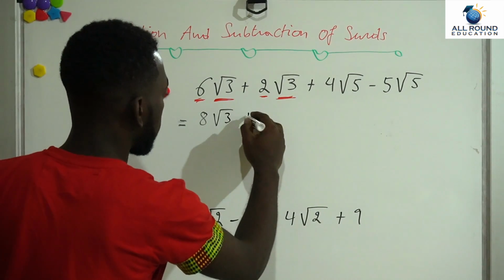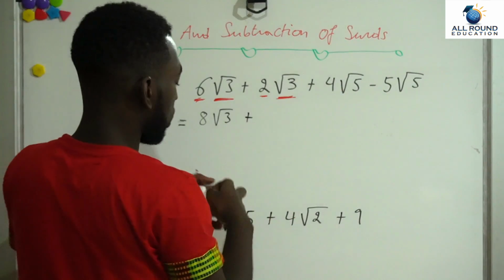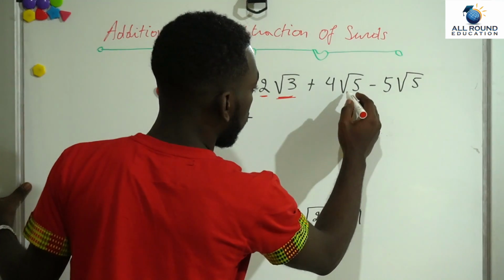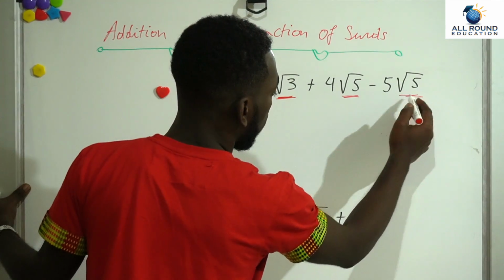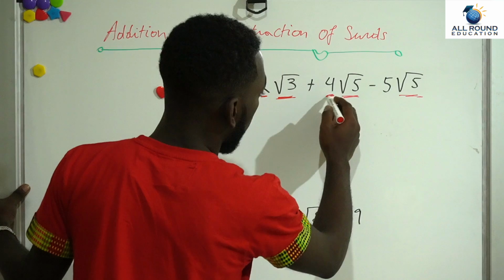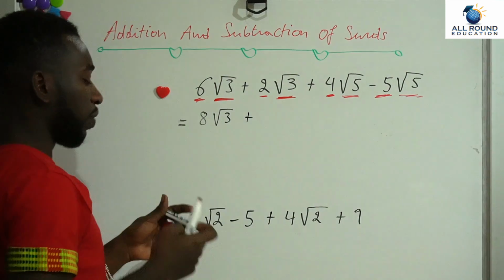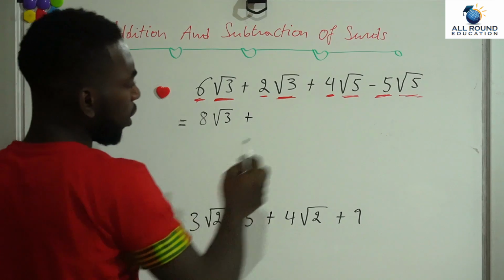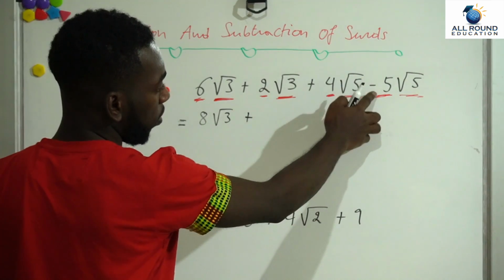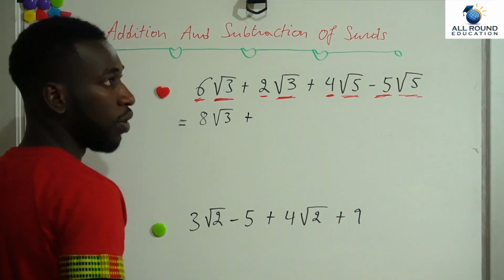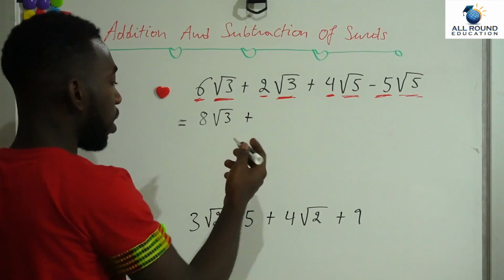And then plus, here we have the same thing. We have like surds with square root of 5, and you add the integers in front of them. Notice that we have plus 4 and minus 5. When you add them, we get negative 1, or minus 1.